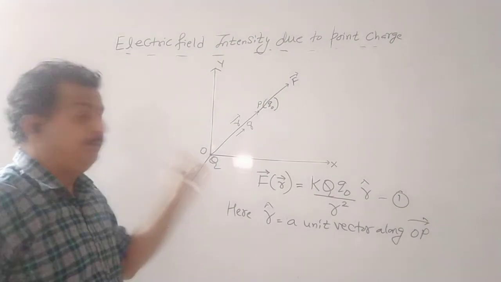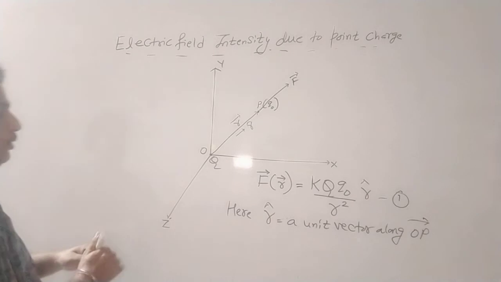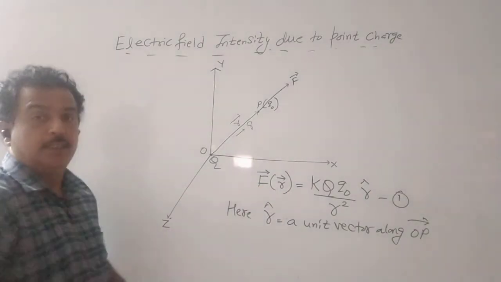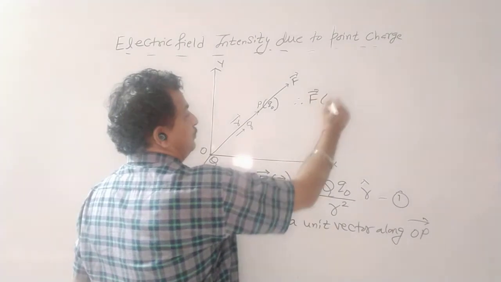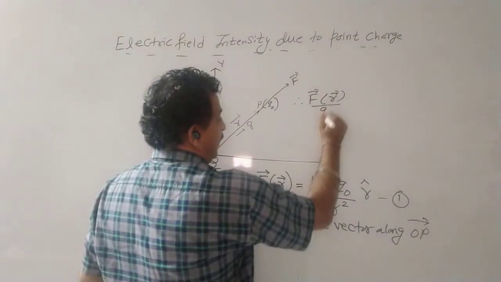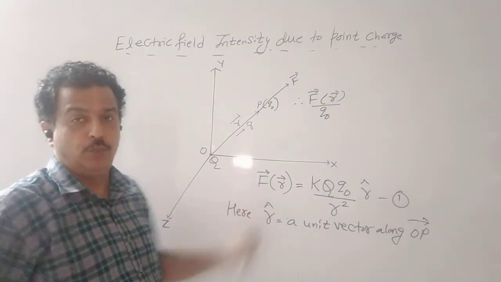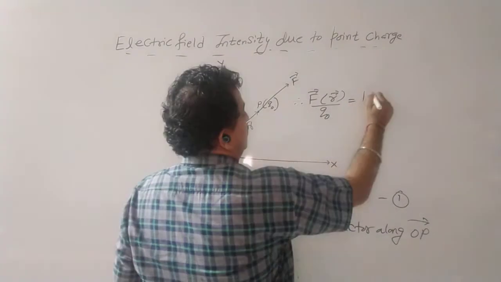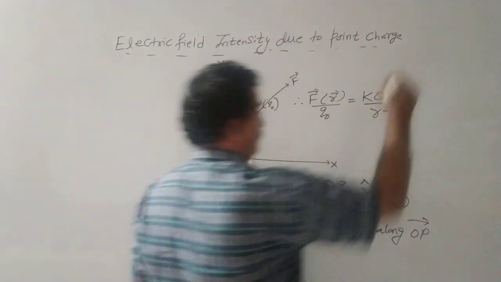We assume both the charges are positive. Now this equation 1 can be written as force divided by Q naught. We bring this Q naught to the denominator. So this becomes K source upon r square r cap.